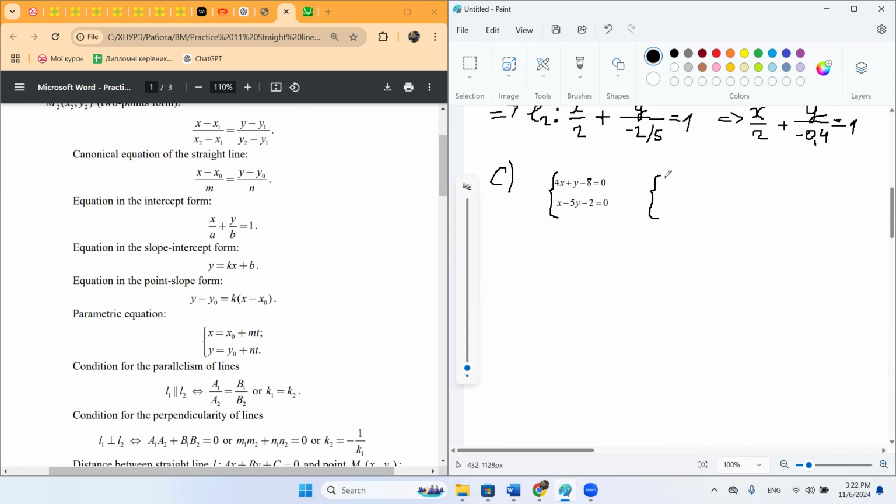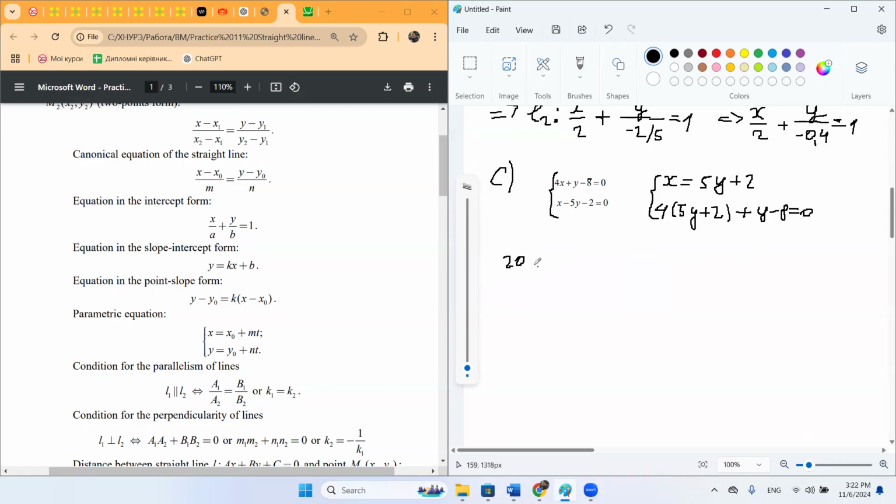So let's do this substitution. So x equals 5y plus 2. And for the other line, 5y plus 2 plus y minus 8 equals 0. So let's find y from this equation.